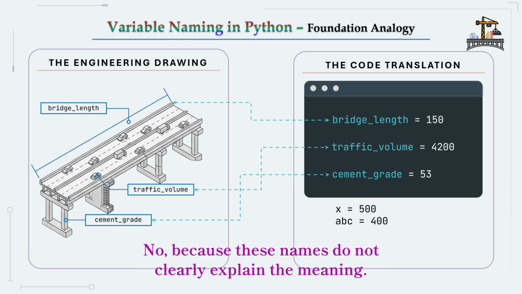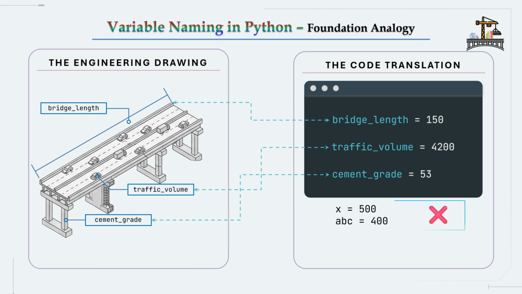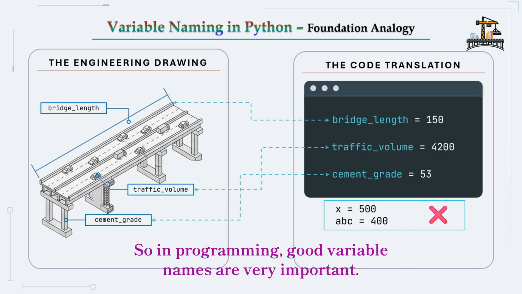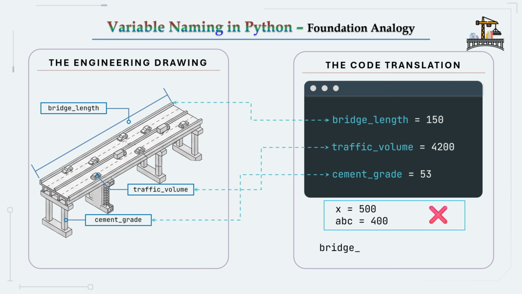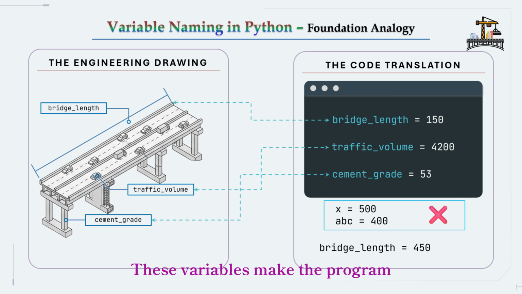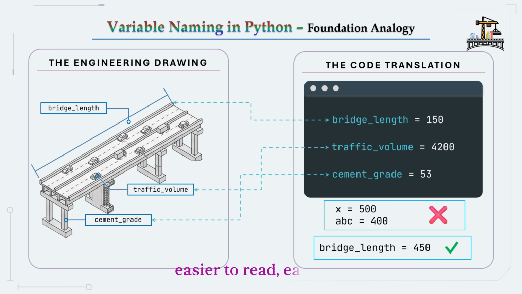No, because these names do not clearly explain the meaning. So in programming, good variable names are very important. These names make the program easier to read, easier to understand, and easier to maintain.